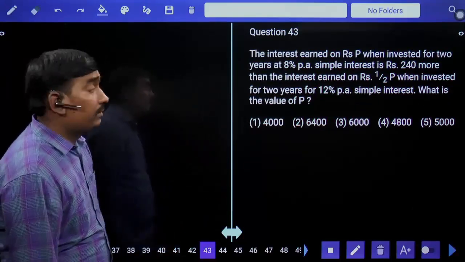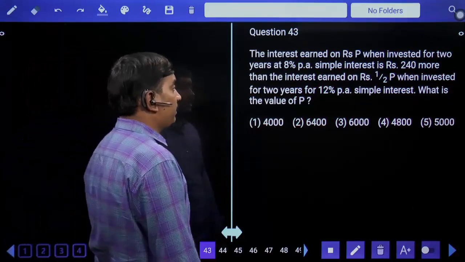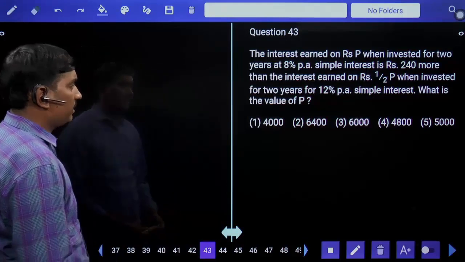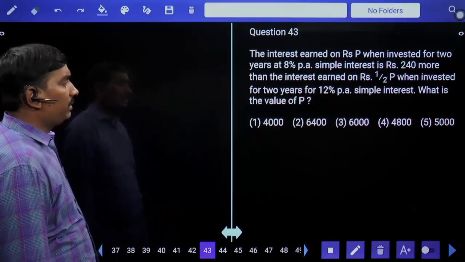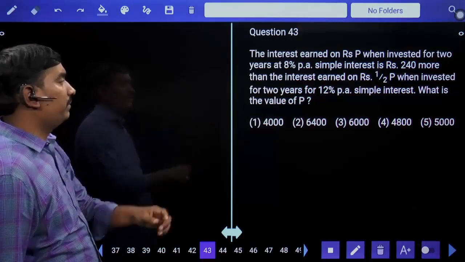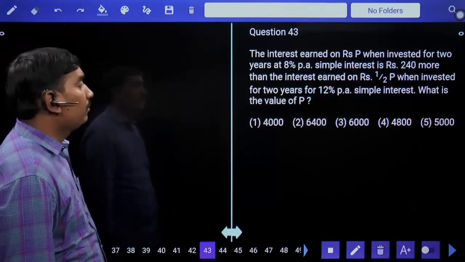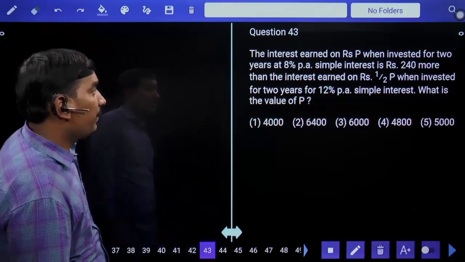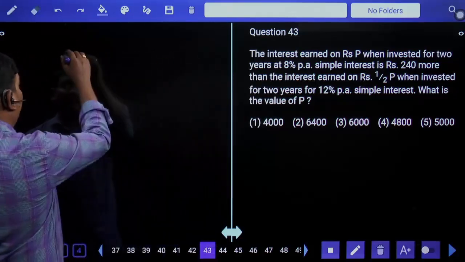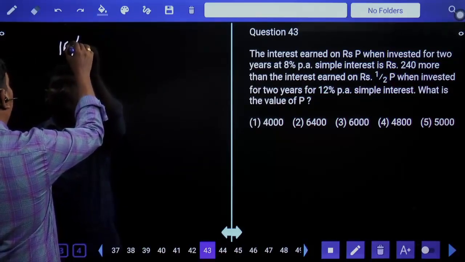Next. The interest when P rupees is invested for 2 years at 8% simple interest is 240 rupees more than the interest when half of the P rupees is invested for 2 years at 12% per annum simple interest. What is the value of P? For 1 year 8% means 2 years 16%.